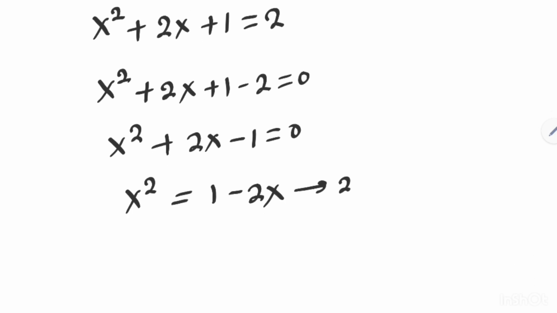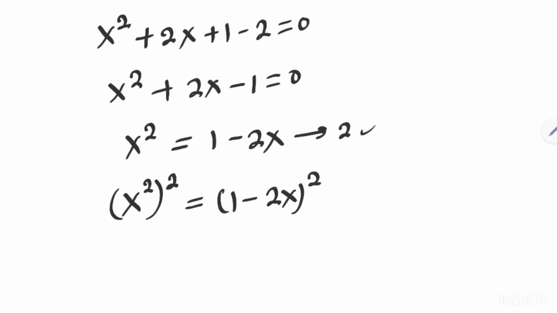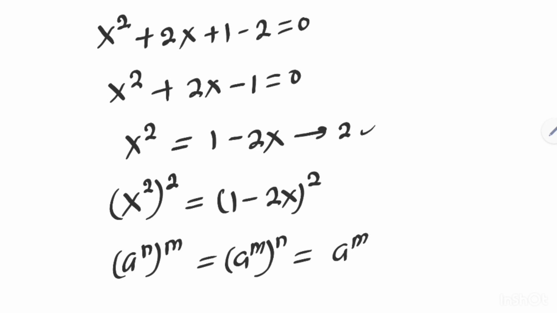Now let us square both sides of this equation 2 again. We have x squared all squared is equal to 1 minus 2x all squared. Take note of this: if you have a raised to power n to the power of m, this is equal to a raised to power m to the power of n, which is equal to a raised to power mn.